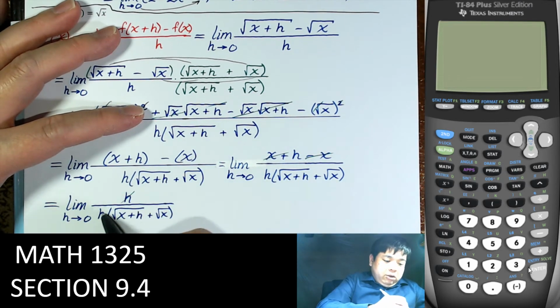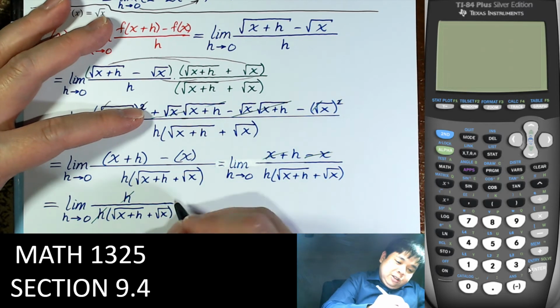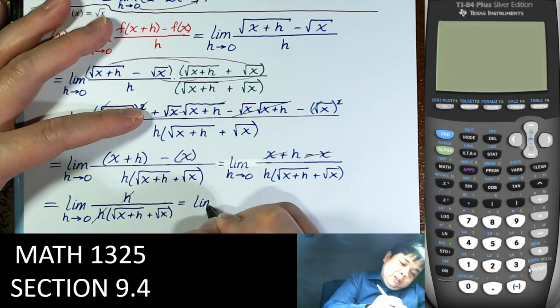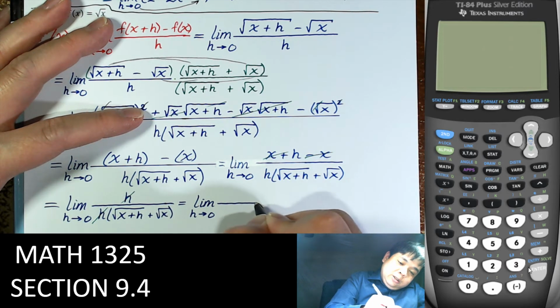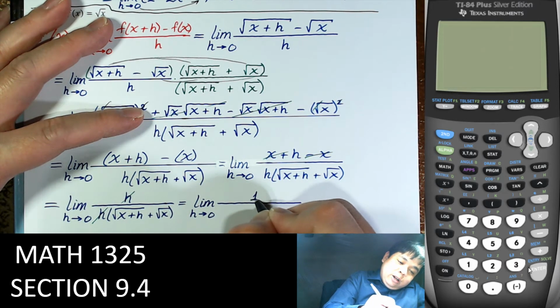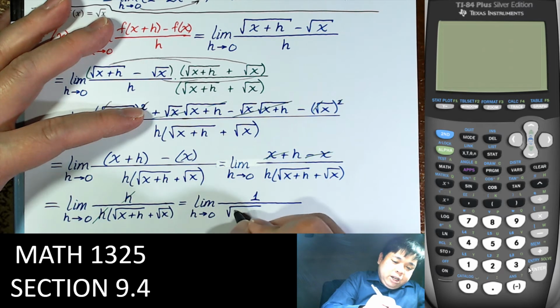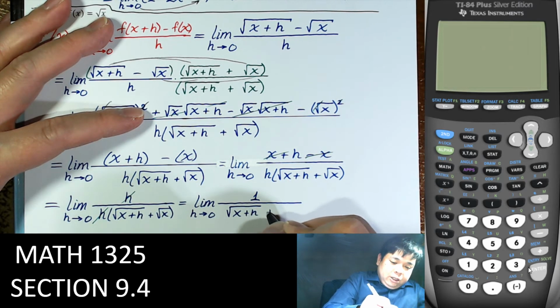And then cancel out the h. We have 1 over the square root of x plus h plus the square root of x.